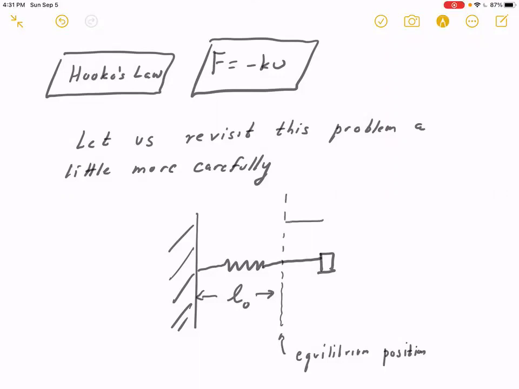I have moved the mass to the right by a displacement, which I'll call u, and the distance from the wall to where the mass is now moved, I'll call this L sub 1.